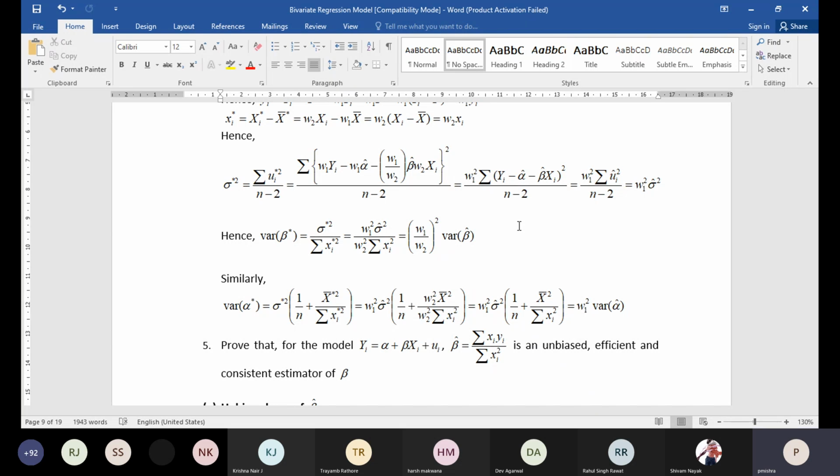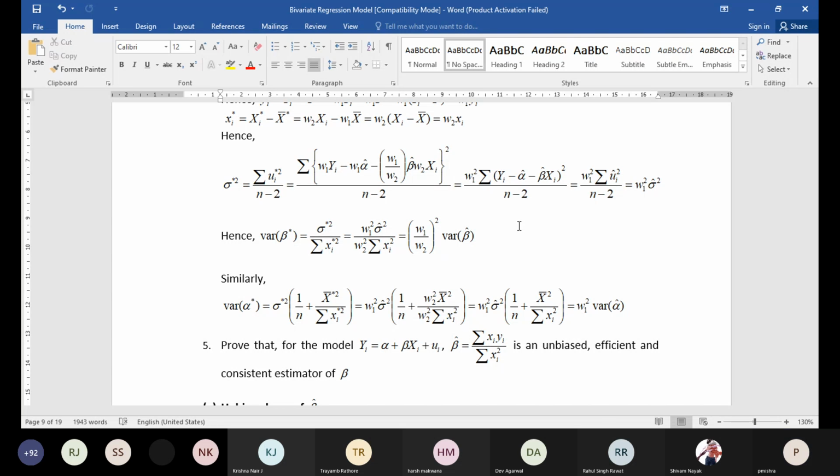We have also seen how the correlation coefficient between X and Y and also capital R square, that is the goodness of fit, change if we change origin and scale of the variables.